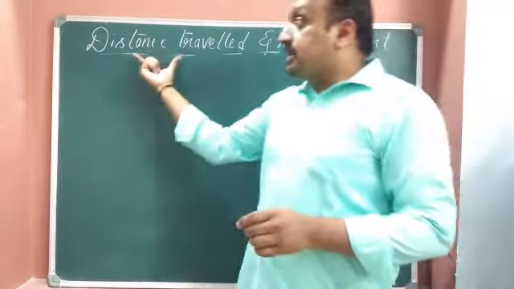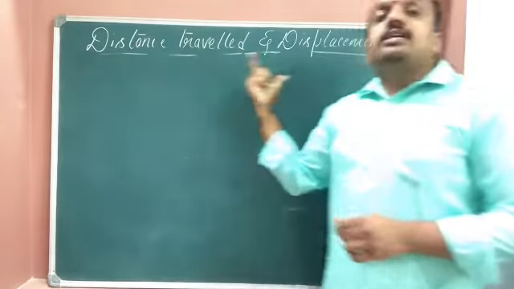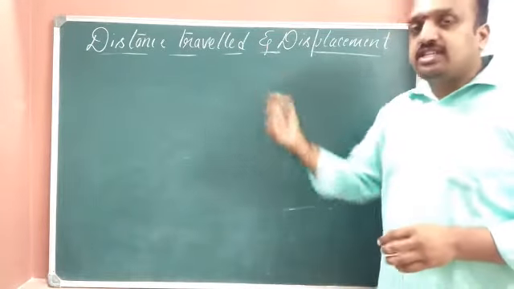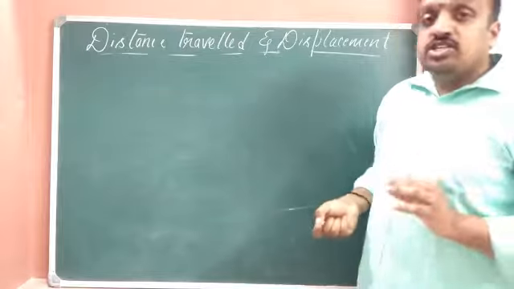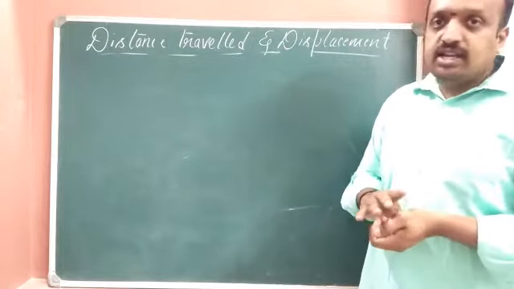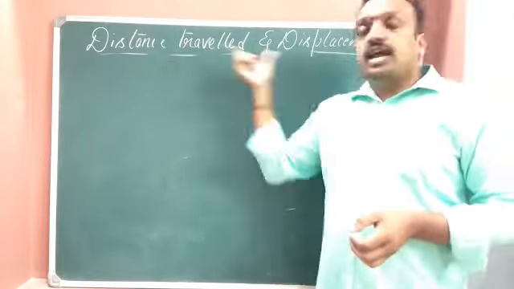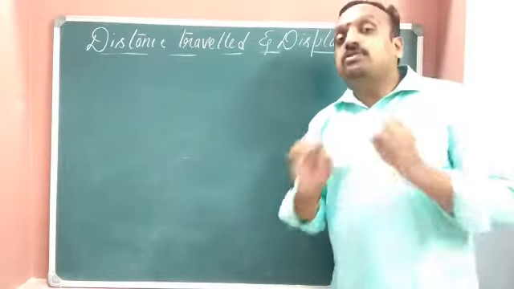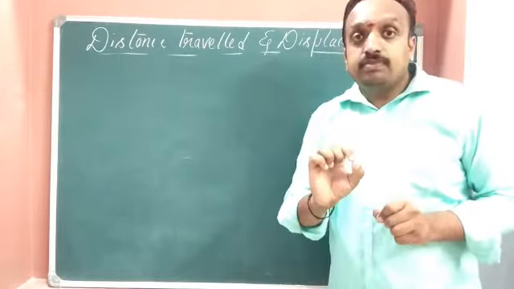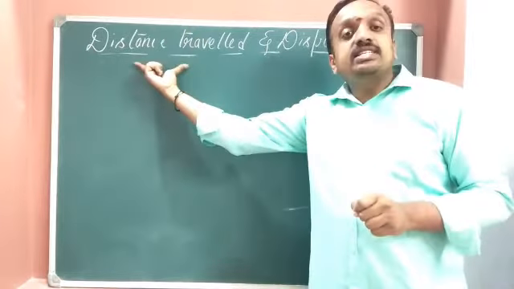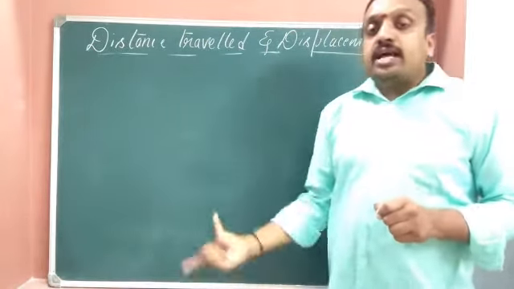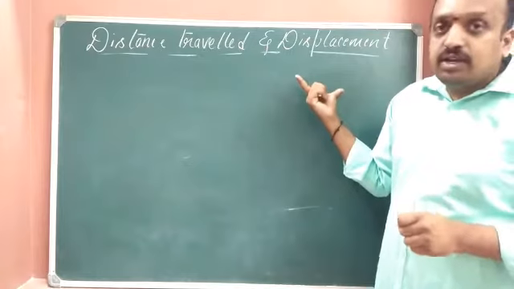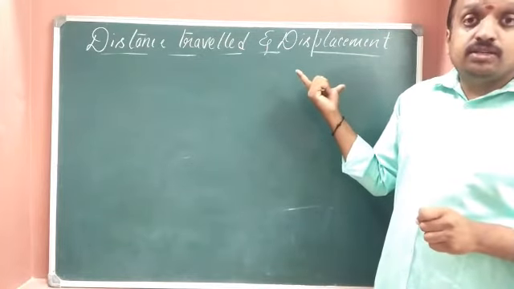Both are measured in meters, but distance traveled is a scalar quantity whereas displacement is a vector quantity, because direction is very important.